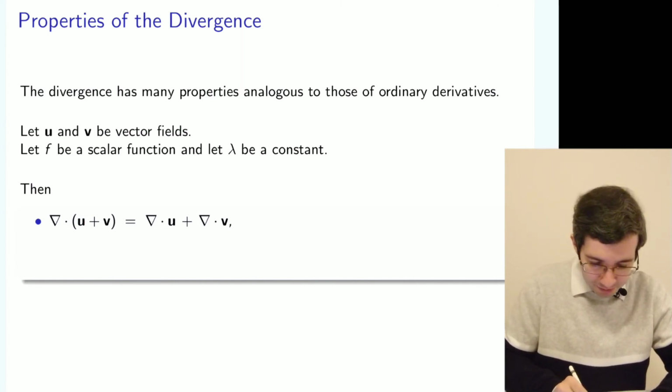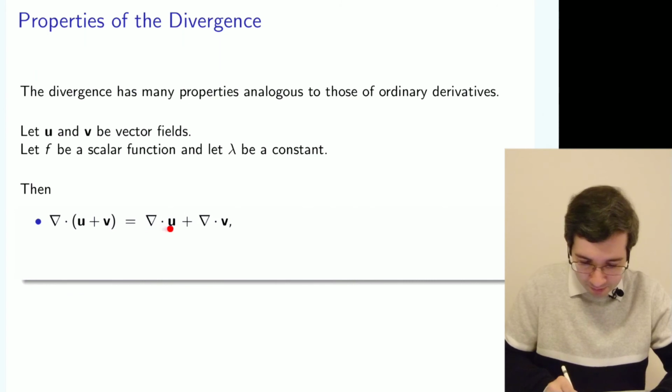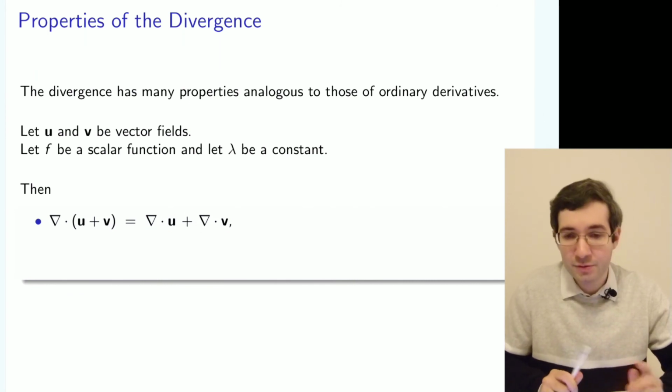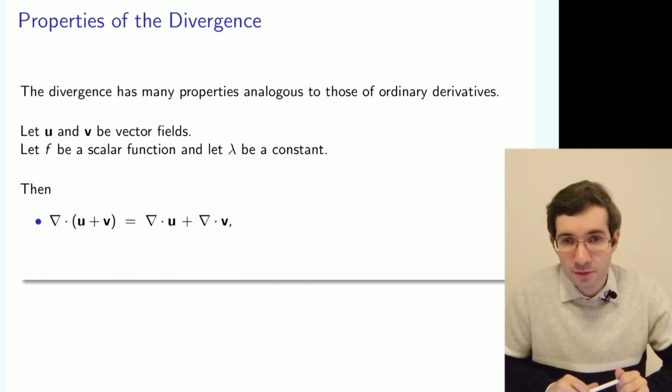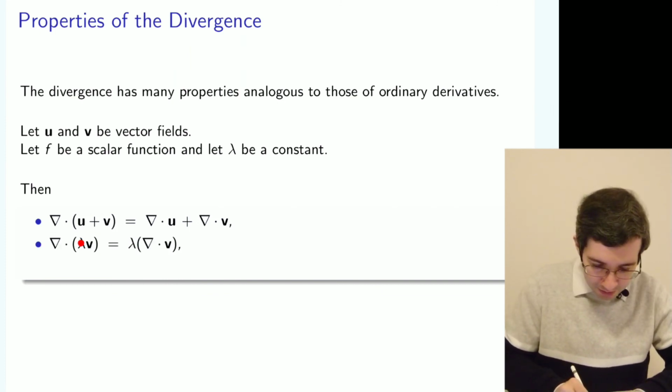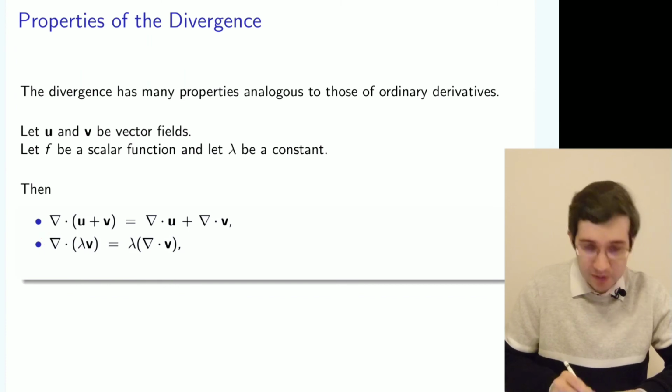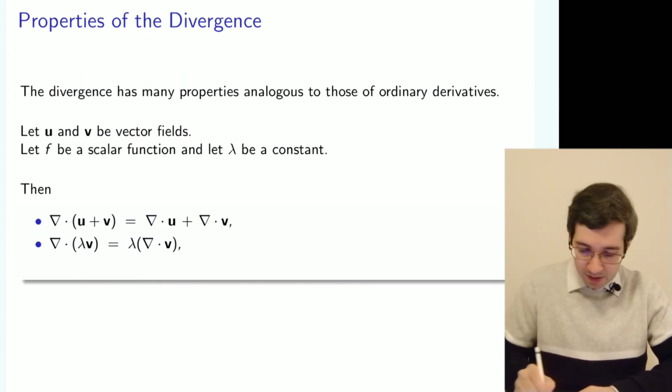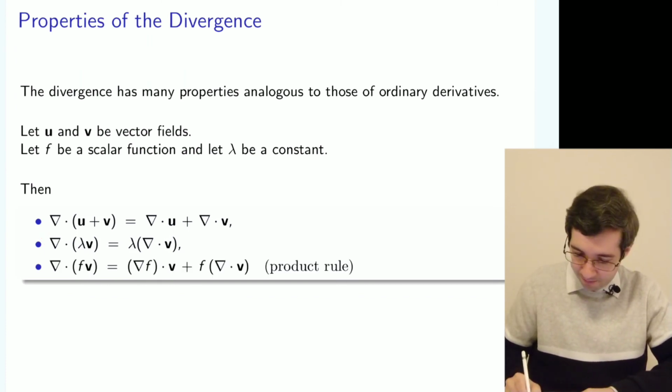You take two vector fields, take divergence, it's the same as to take the sum of divergences of these fields individually. You can take out a constant factor because it's ignored by derivatives. So it's again two linear properties.